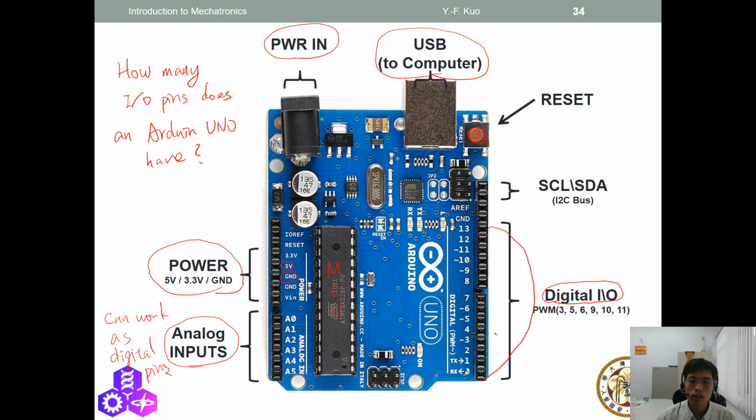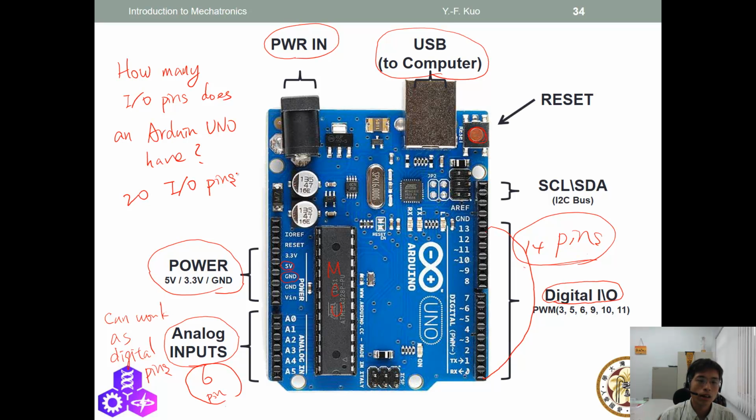Totally 14 digital I/O pins here. And we have 6 analog inputs, A0, 1, 2, 3, 4, 5. 6 pins here. So totally we have 14 plus 6, that's 20 pins. We have 20 I/O pins on Arduino.